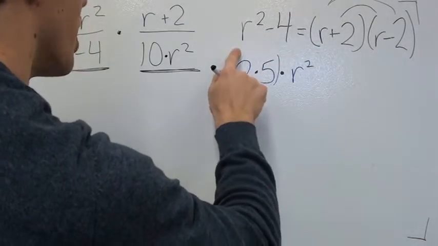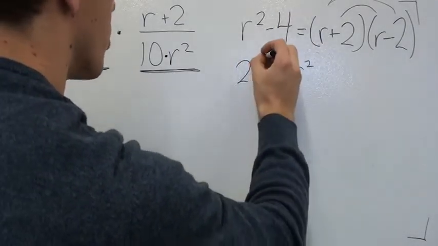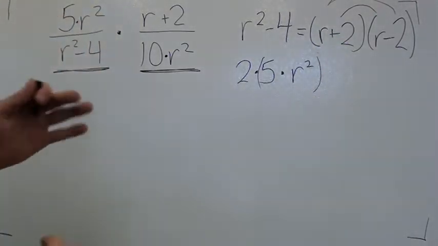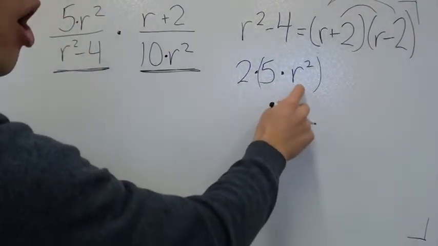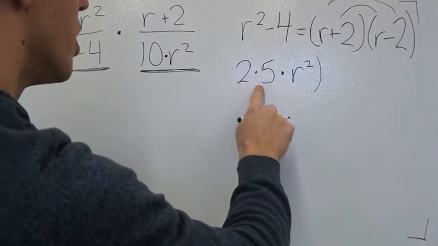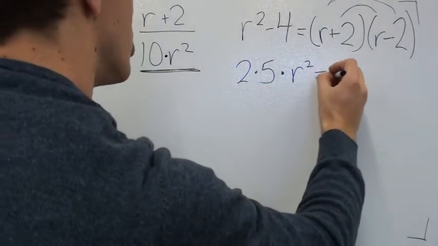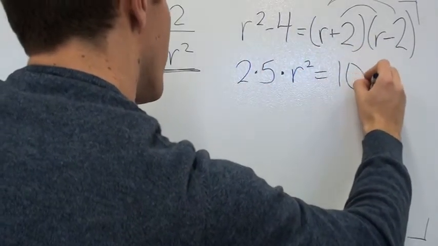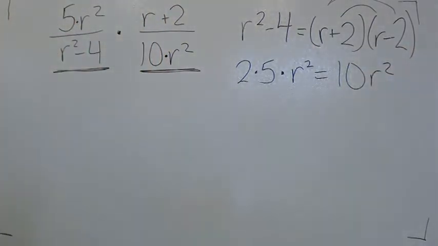You can group them this way, do those ones first, or group them this way, do those ones first. It really doesn't matter because they're all multiplied. So we can just write that as 2 times 5 times r squared.